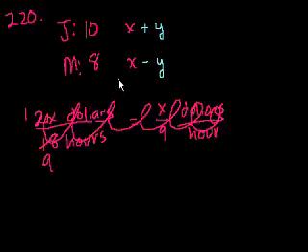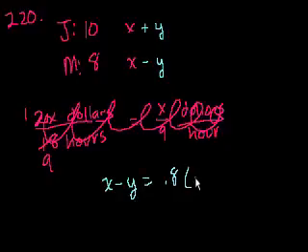So let me think about this a little bit. They received the same hourly wage, so Mary should have 8/10 of the money of John, right? So X minus Y should be equal to 0.8 times (X plus Y). Is there an easier way to think about it?